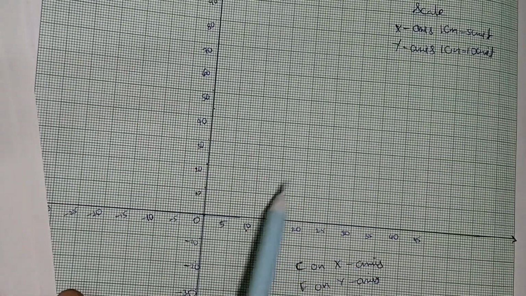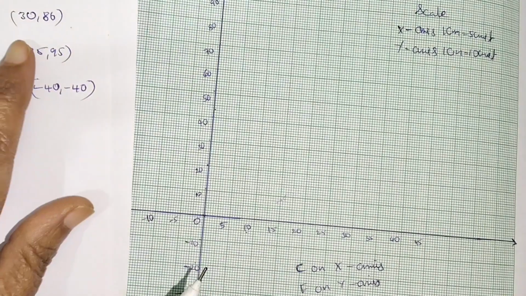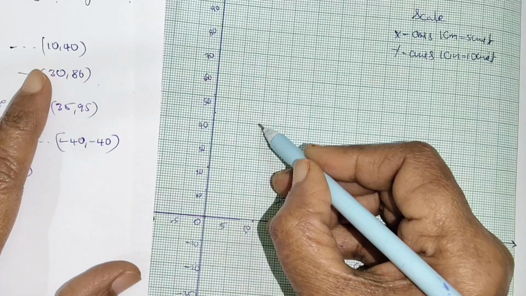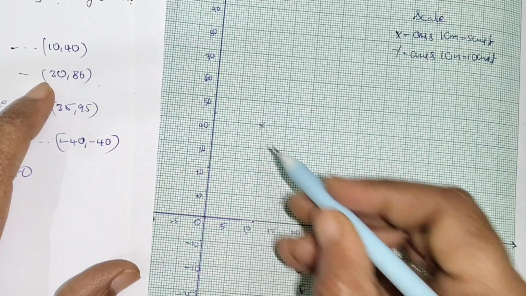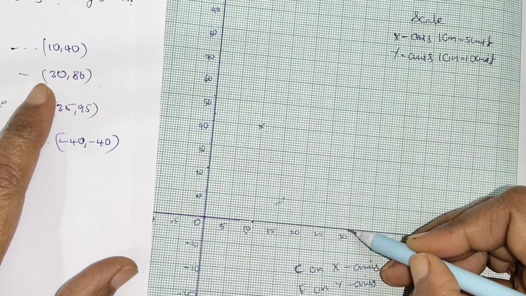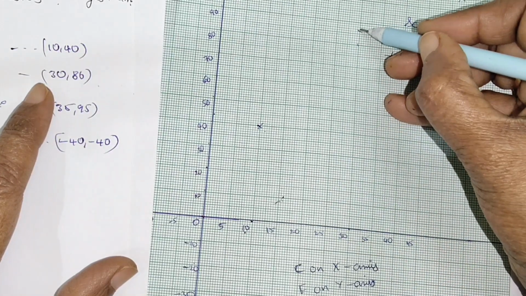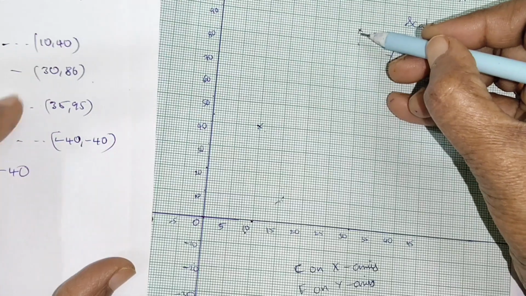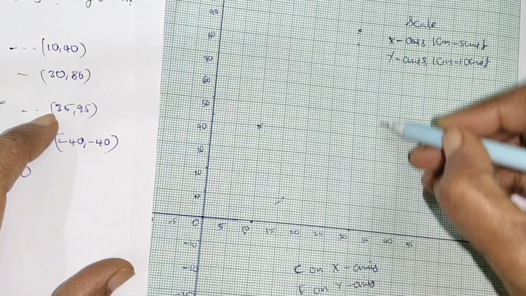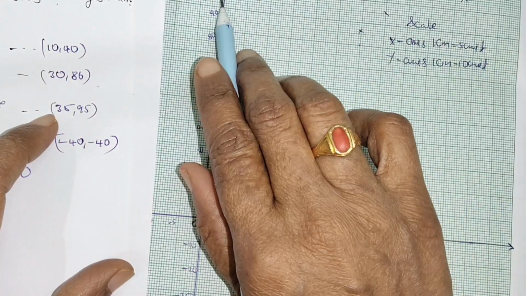So we take this. Now we mark the points. The first one is 10 comma 40: on the x-axis 10, and on the y-axis 40. Next, on the x-axis 30 and on the y-axis 86. Next, 35 comma 95: 35 on the x-axis and 95 on the y-axis.